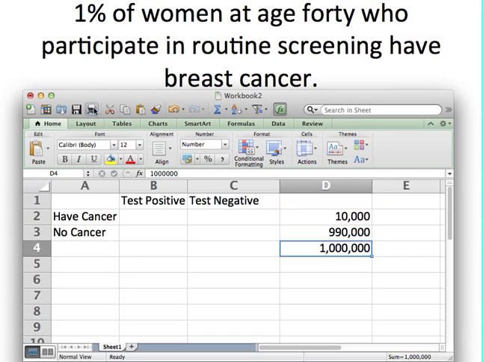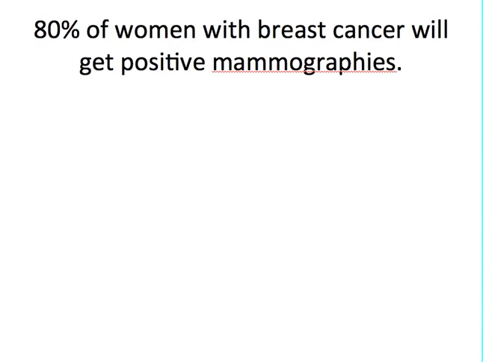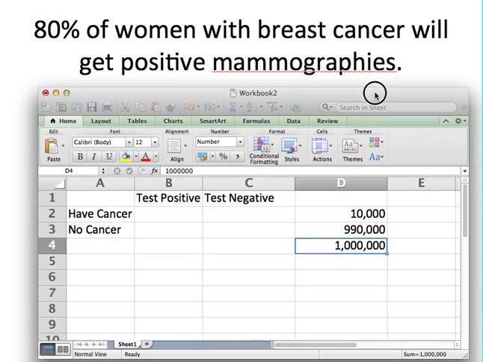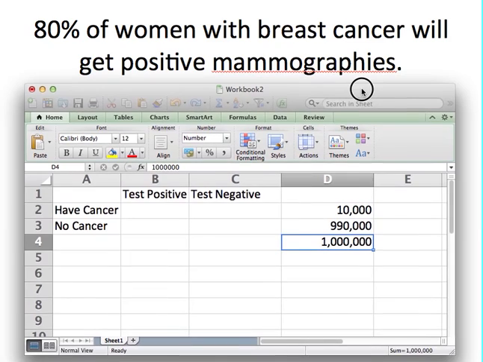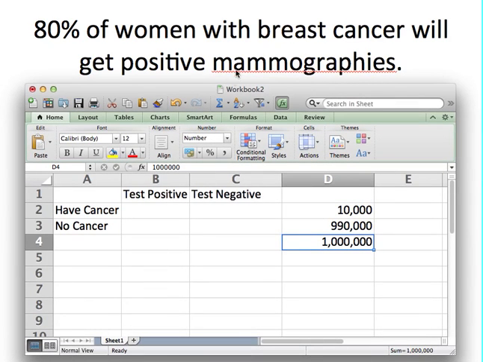So then, what's our next little bit of information? Well, that's that 80% of women who have breast cancer will get positive mammographies. So out of those who have cancer, 80% of them will get a positive test result.